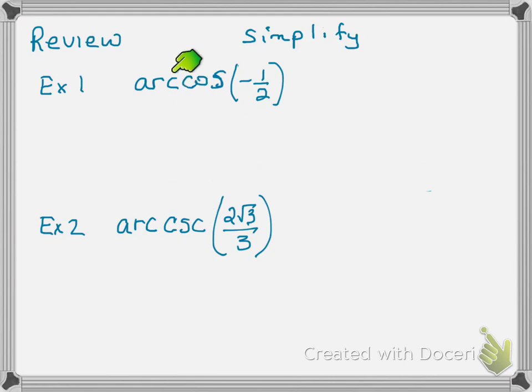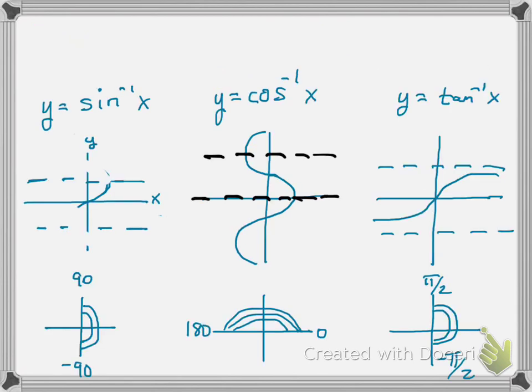Remember, when you see the word arc, that notation means the same thing as this notation. Inverse cosine of negative 1/2. So this is an inverse cosine problem. So I would be restricted to only give answers in the rainbow. So positive inverse cosine here, negative inverse cosine here, because x is positive here and x is negative there.